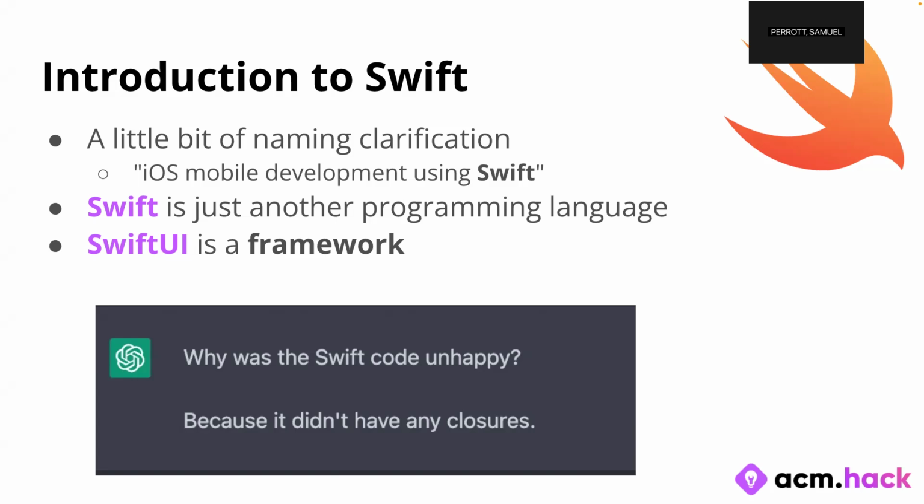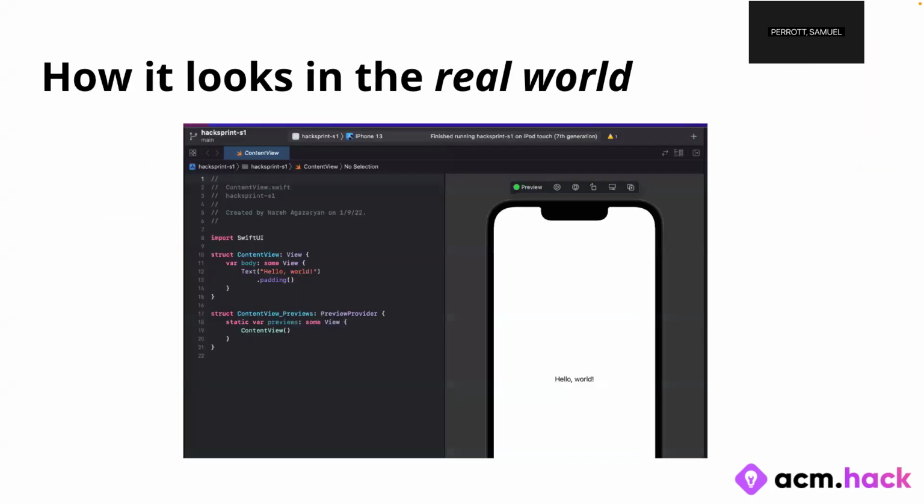Essentially, it is a framework or library within Swift that contains all the different functions that we need to build very beautiful looking UIs. All right, so this is what we'll be building pretty soon in Xcode.